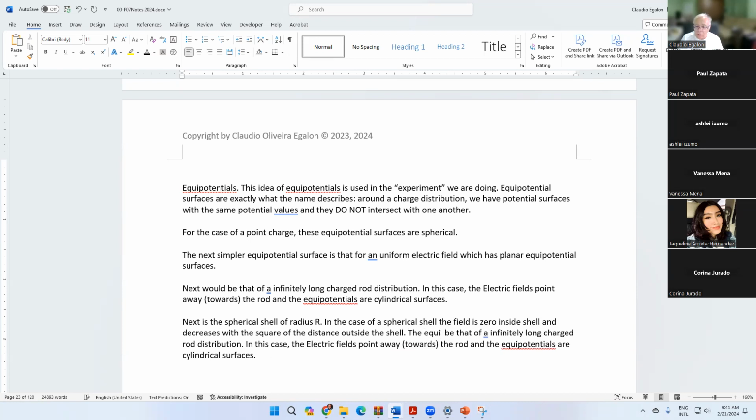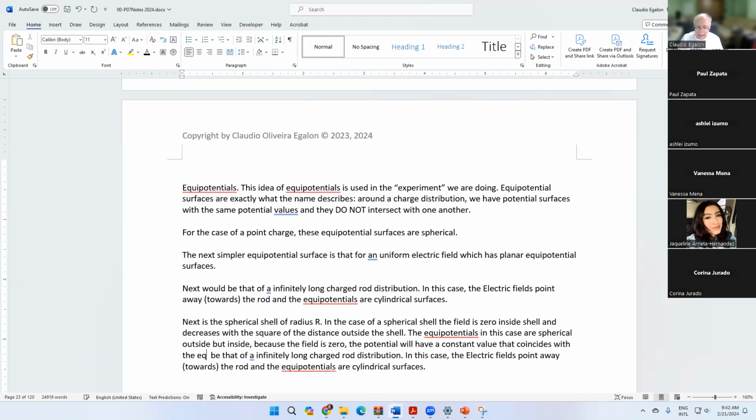The equipotentials in this case are spherical outside, but inside, because the field is zero, the potential will have a constant value that coincides with the equipotential at the surface of the spherical shell.